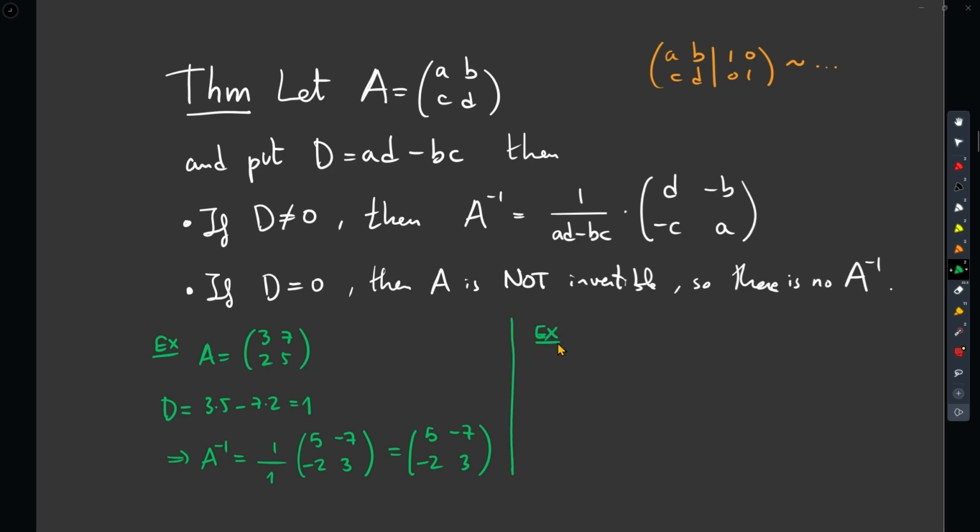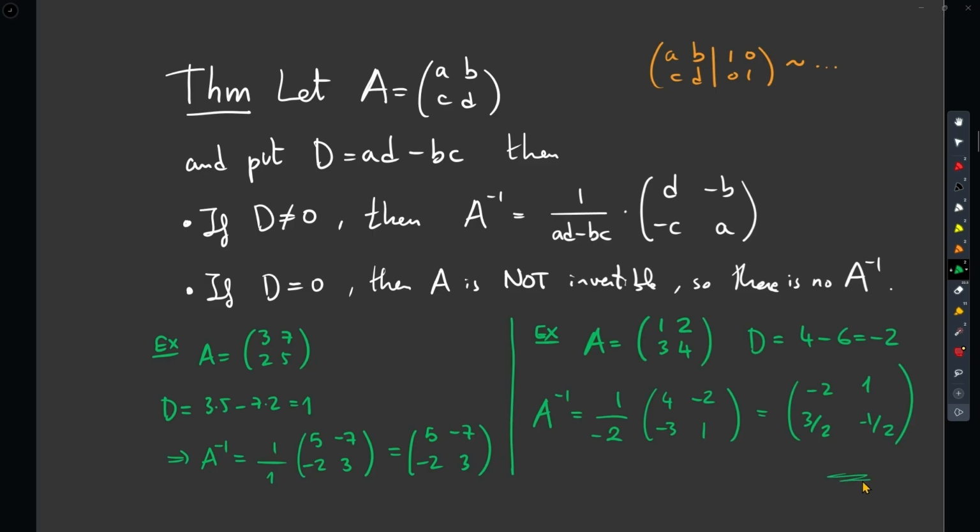Let me give you another example. What if A is the matrix 1, 2, 3, 4? Then here D is 4 minus 6, which is minus 2. So that is non-zero, so there is an inverse matrix, and here the inverse will be 1 over minus 2 times 4, minus 2, minus 3, 1, which is the matrix minus 2, 1, 3 halves, minus 1 half.